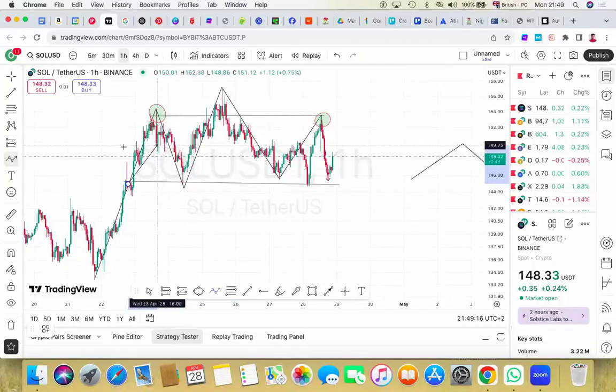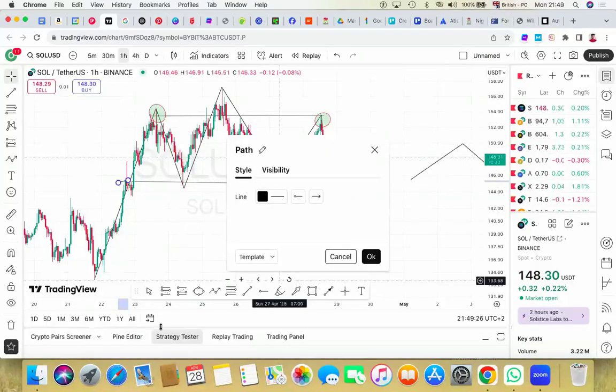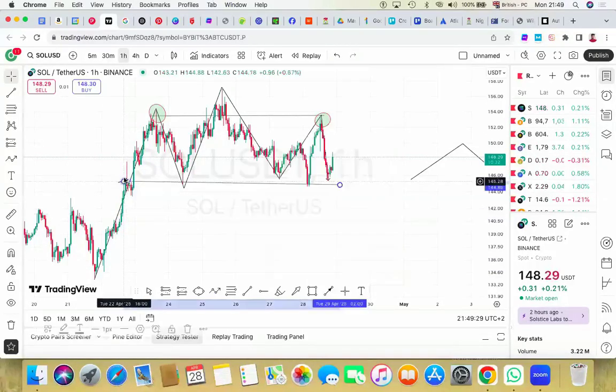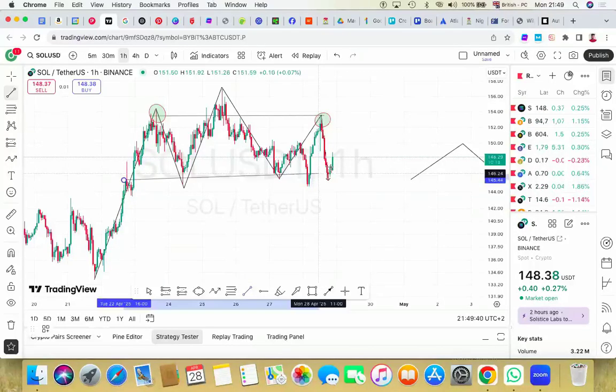So we can say that we are having a range here, or we can also call this movement a channel, right? We can identify this zone as a channel, one of the zones we talked about. If I wanted to draw this channel, I'll just draw from here to this area here, right?